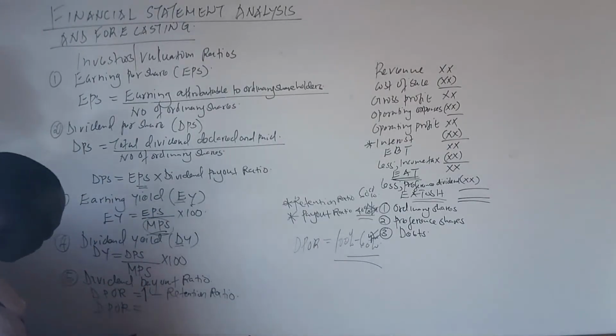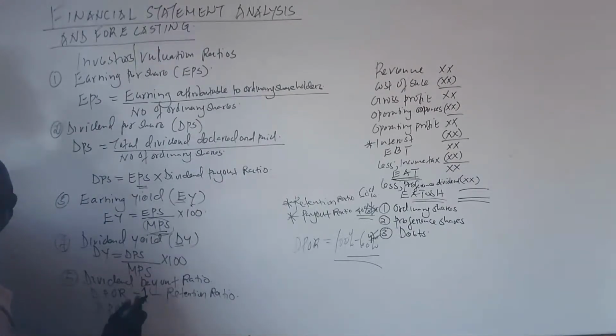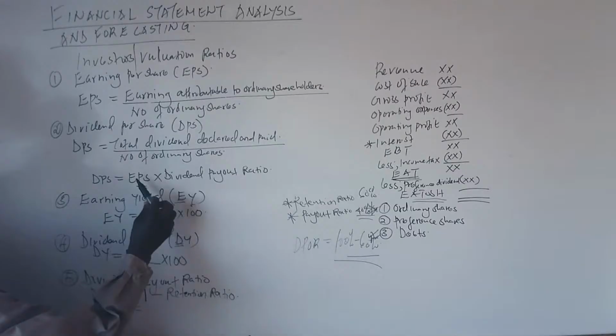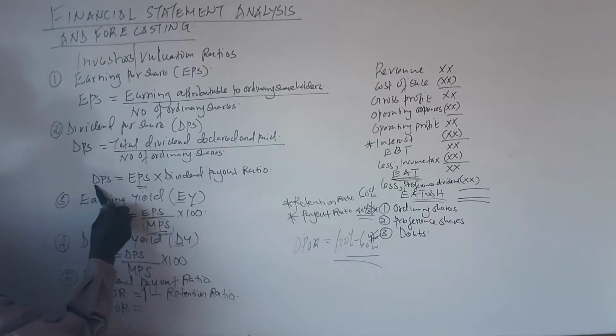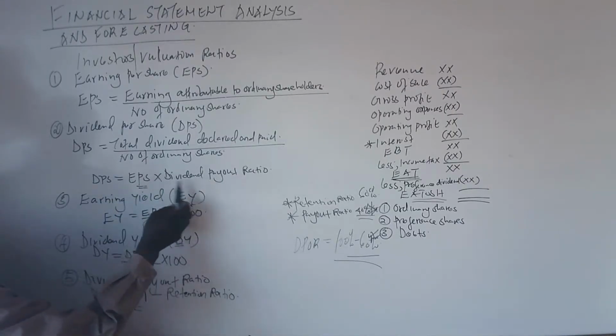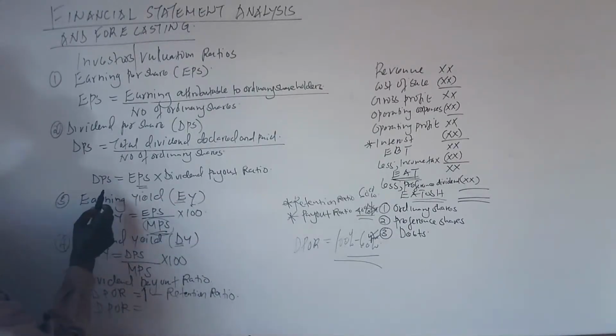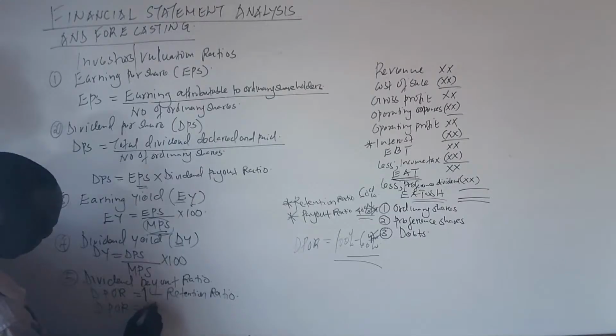It is going to be DPS or EPS. If we make this the subject, we divide by the EPS. So it is the DPS divided by EPS. Is it the DPS or EPS? Dividend per share.